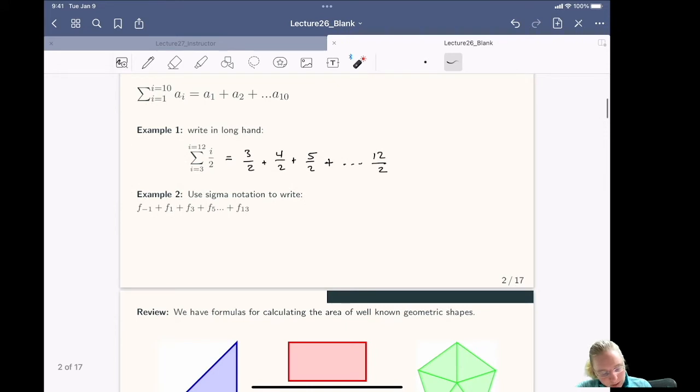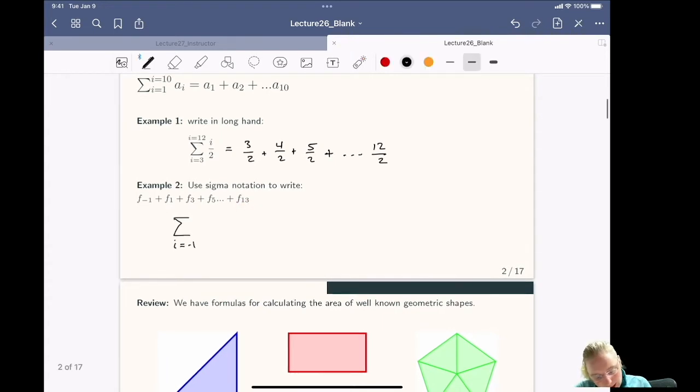We can do it for something more arbitrary. So for example, suppose we have f sub minus 1, then we can write this in sigma notation as the sum from i equals minus 1 up until we want to count all the way until 13 of f of i. Now notice that there isn't just one unique way to write a sigma. We could do it with a different index where i starts at 0, for example, and here this one is 0, this is 1, this is 2, this is 3, and so forth.